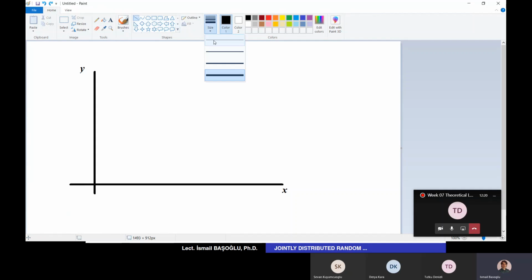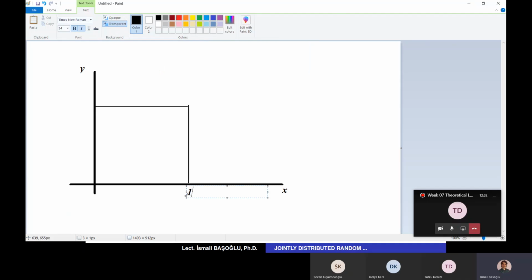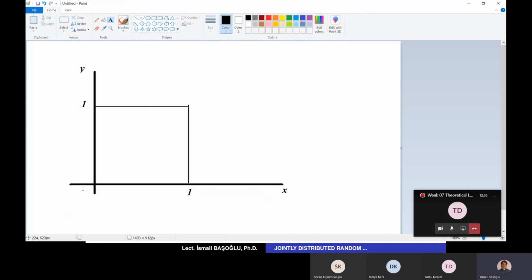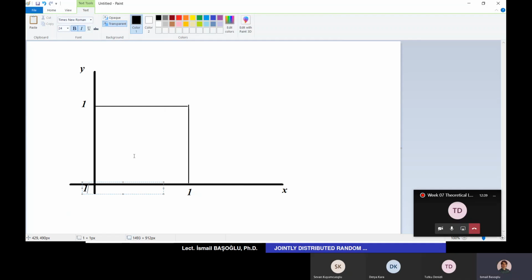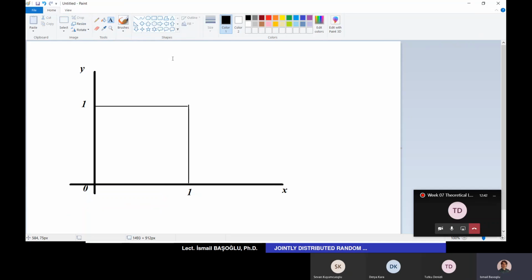Here, both random variables are taking values between 0 and 1, that is 1 here and 1 here, and we have 0 here. So the question is asking: what is the probability of x being less than or equal to y?